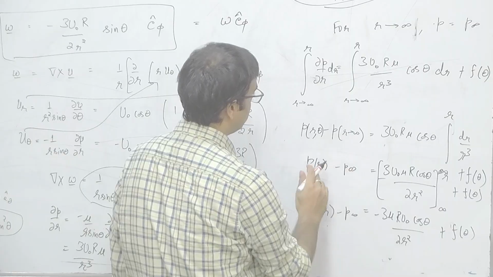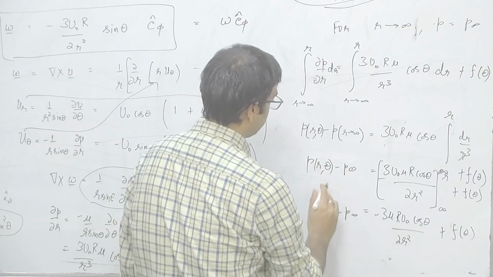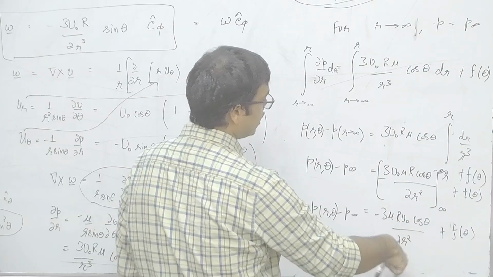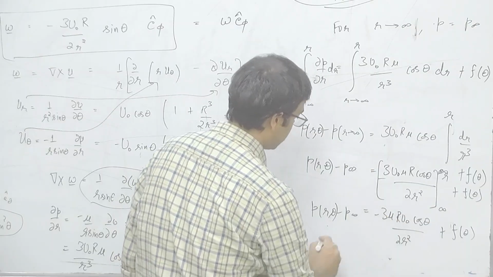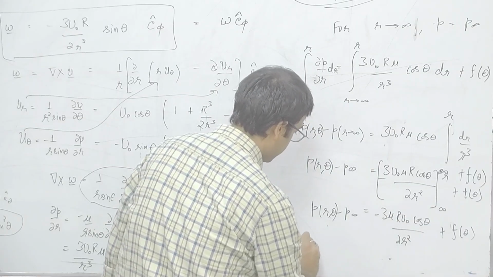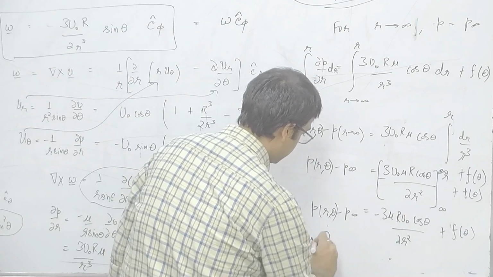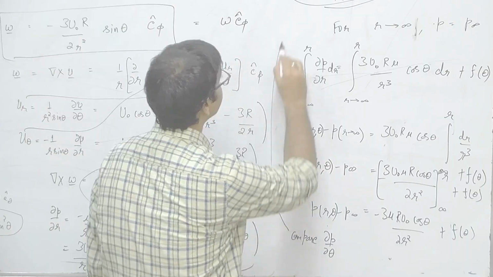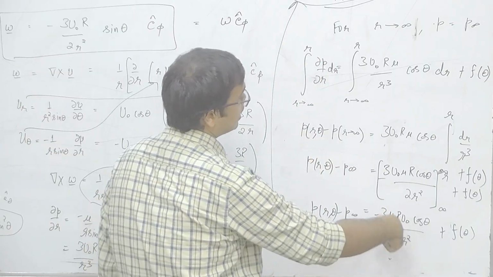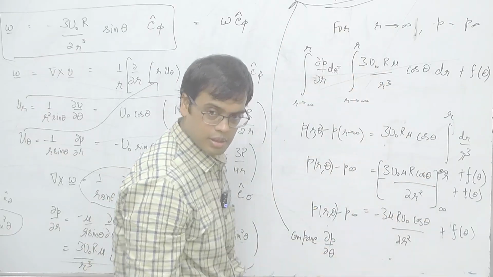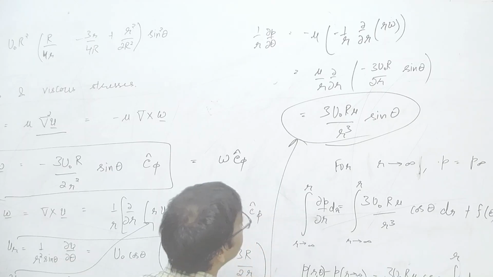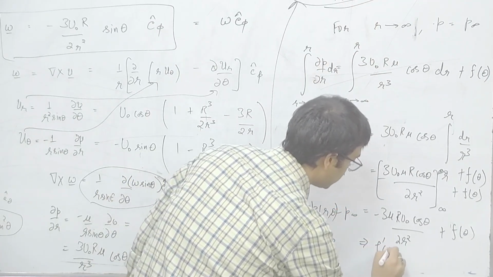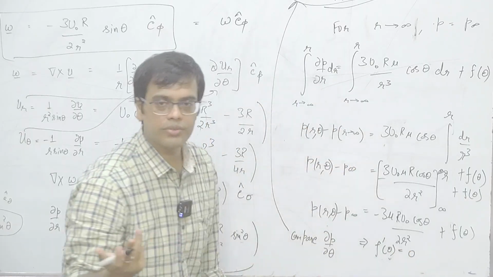And from here, when we differentiate this expression in theta, we compare del p over del theta with this guy. This term already satisfies this relation, so we will get that f prime theta is 0. So f theta is some constant.